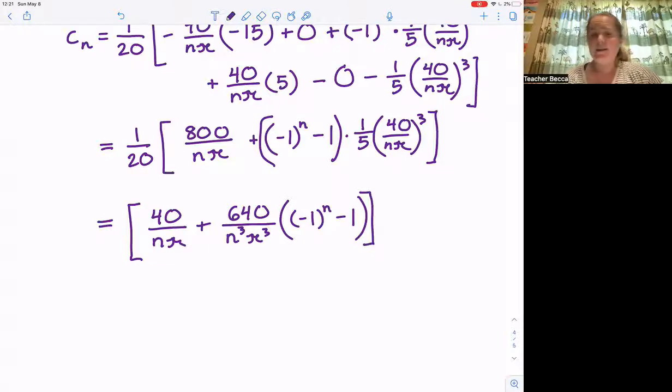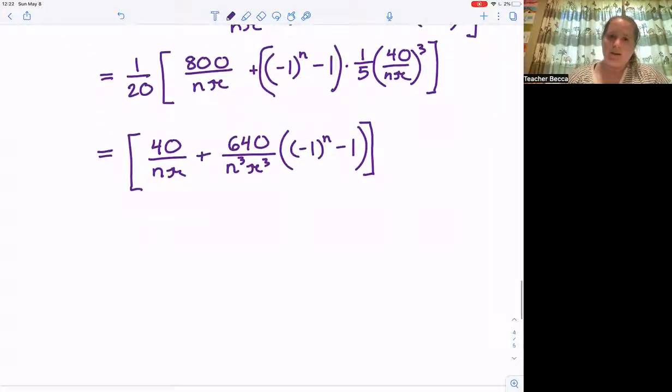I'm going to leave this in this format. Note that the 640 over n cubed pi cubed term would go to 0 in the case that n is even, and it would go to -2 times that in the case n is odd. But we'll just leave it in this format.